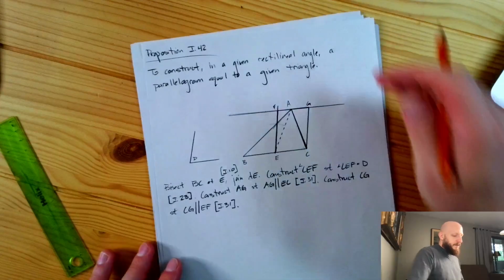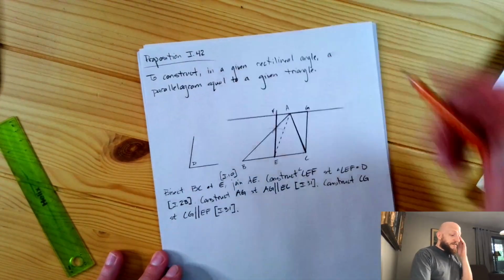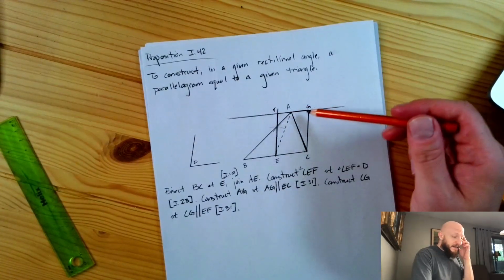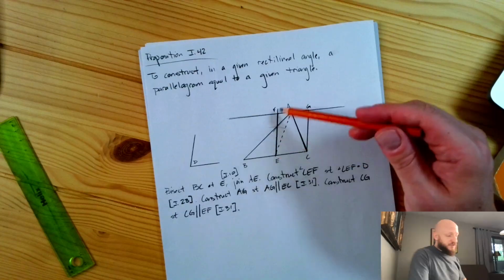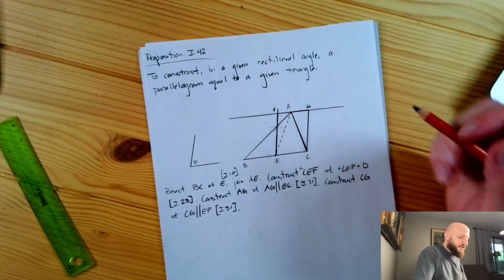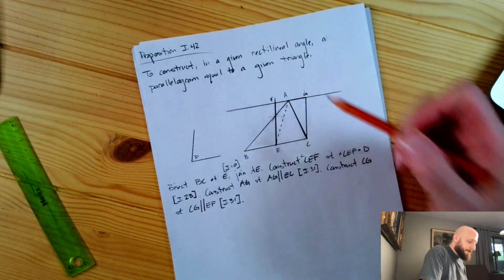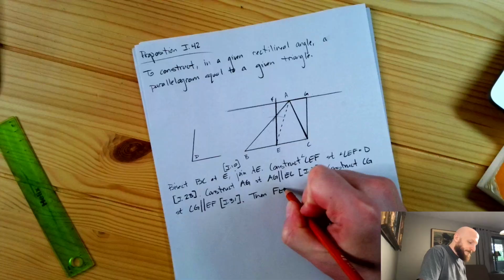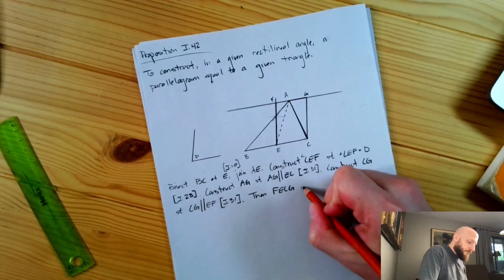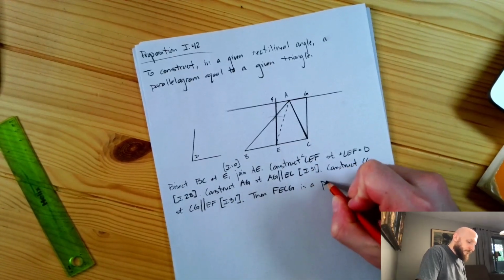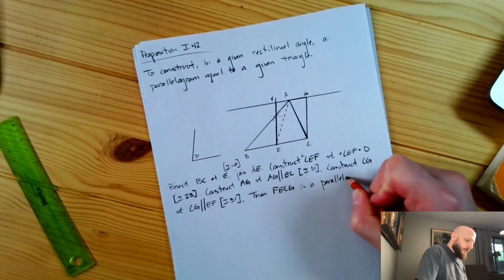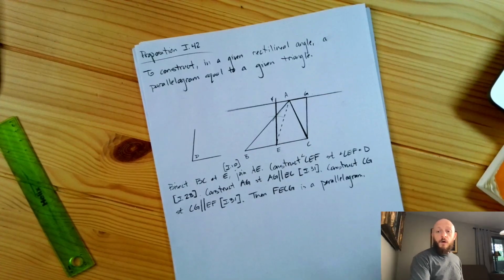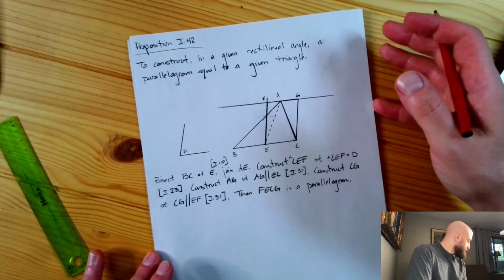Well, then, because we constructed EC parallel to FG by construction, and EF parallel to CG by construction, it follows that FECG is a parallelogram. And moreover, it's actually the parallelogram that we wanted to construct.